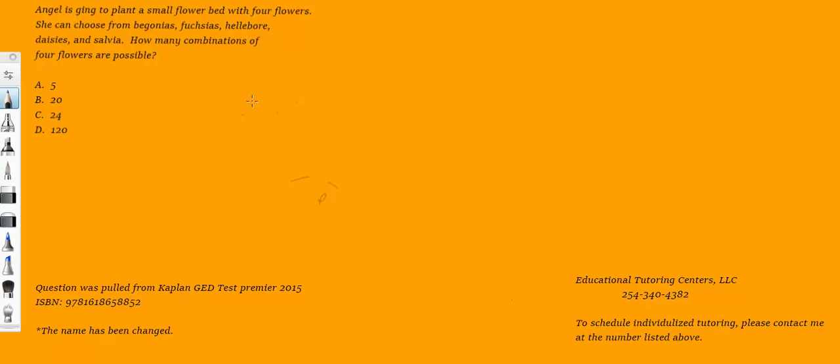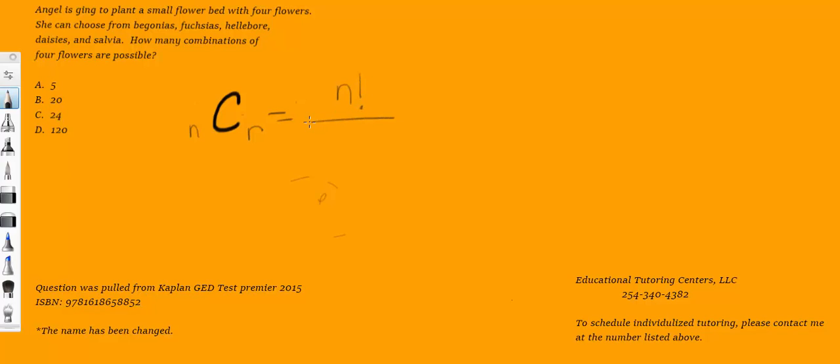Okay, so the formula for combinations. The formula for combination, the C stands for combination, N stands for the total number, and the R stands for the items that you're taking, that you're considering.